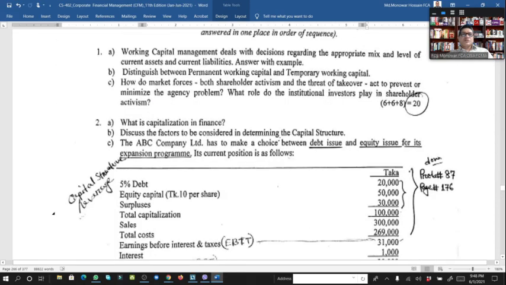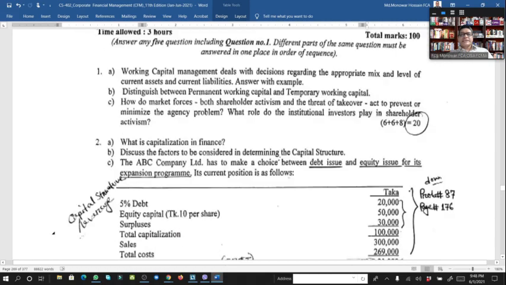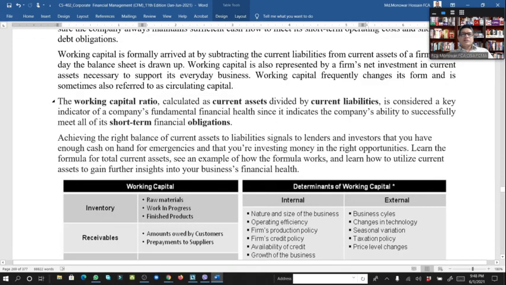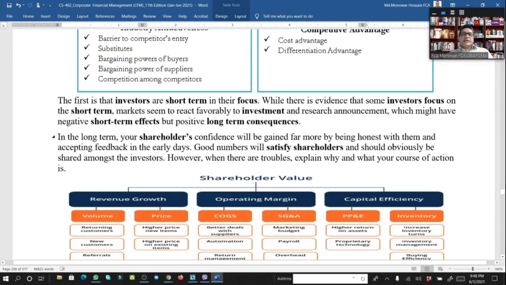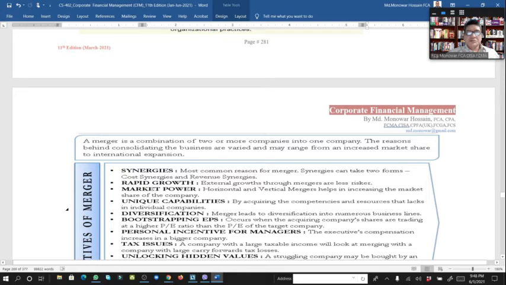Also, for example, the January 18 exam question is here, and the full solution is also here. I will give you that full set. This way I am trying to solve all the problems and take them from a book also, but due to time constraints I am unable to.